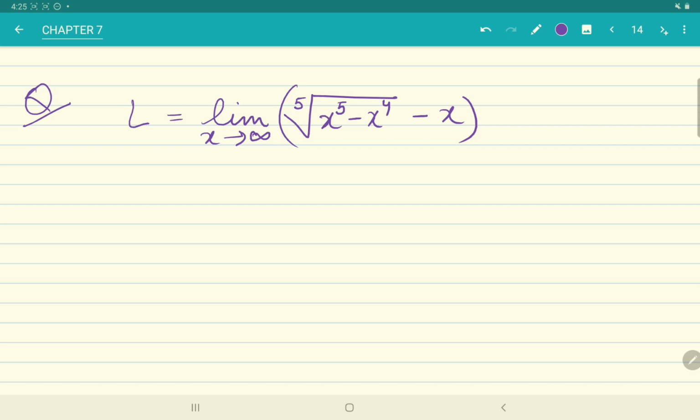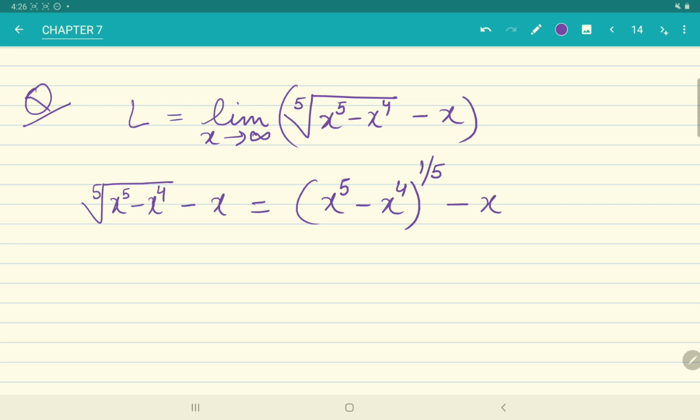The way to proceed is to first pick up this expression and simplify it separately. The fifth root of x to the power 5 minus x to the power 4 can be written as x to the power 5 minus x to the power 4, raised to the power 1 by 5, minus x.